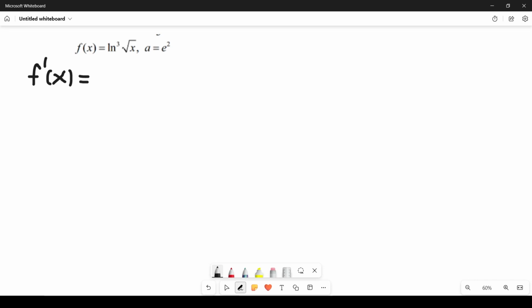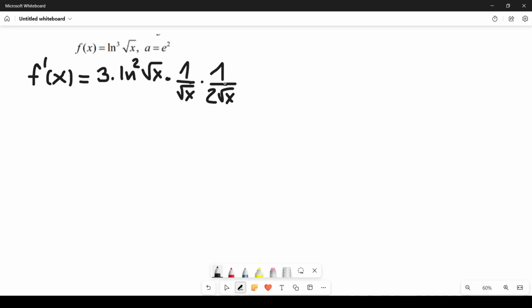And now we're writing this 3 in front, and we're going to get 3 times the natural logarithm of square root of x times 2. And this we're going to multiply by the derivative of the logarithm itself, which is 1 over square root of x times 1 over 2 square root of x.